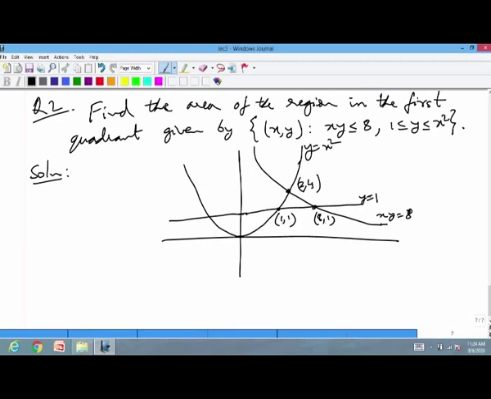Now, what is the region? So, the region is given in the first quadrant by x y less than or equal to 8. Let me draw this x y less than or equal to 8 in this yellow.